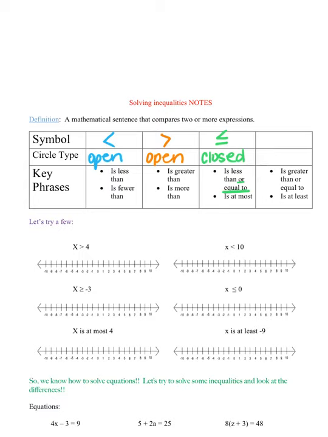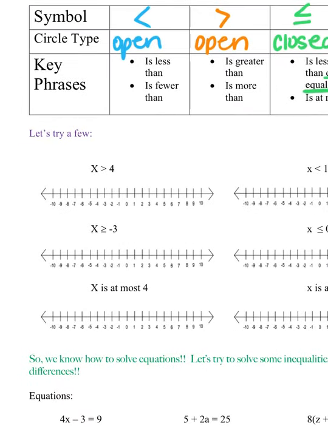Okay. And then finally, "is greater than or equal to," or "is at least." And our sign or symbol is going to look like that. And again, we're going to have a closed circle.